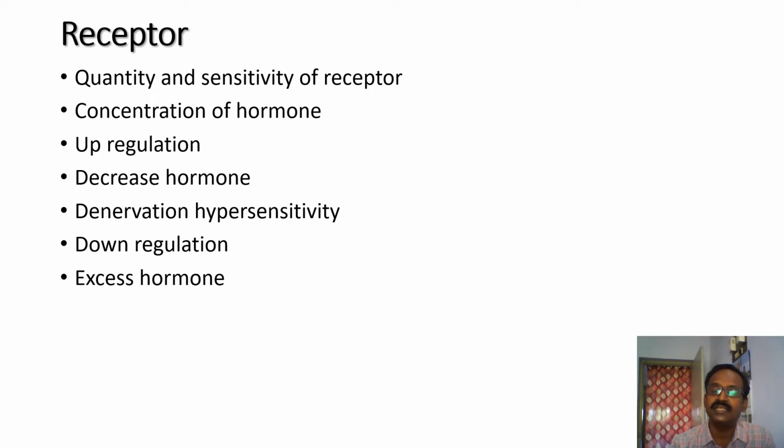That is called desensitization. Desensitization can occur for the same hormone or a different type of hormone. When it is in response to the same type, it is homologous desensitization. When it is to other hormones, it is heterologous desensitization.